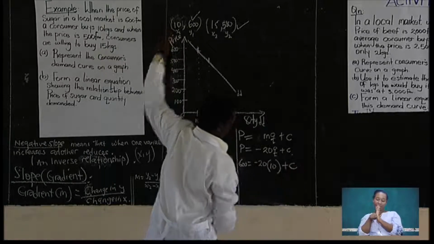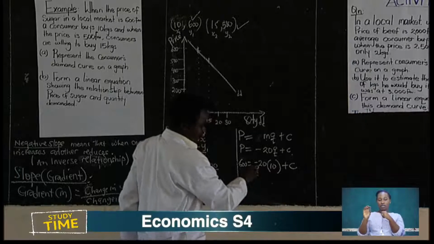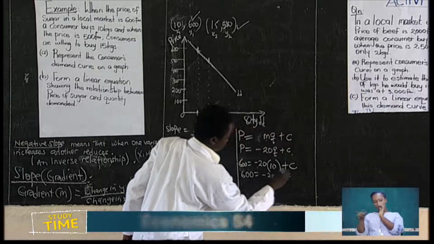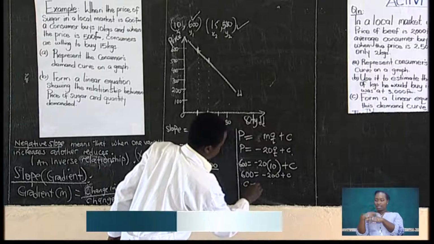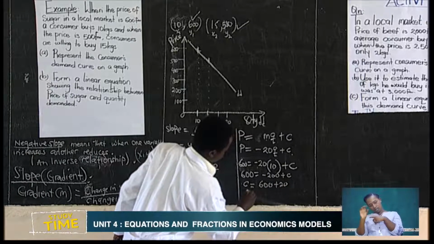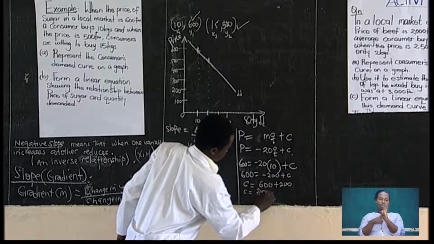Then you add this C. So in this case, 600 is equal to negative 20 times 10, which is negative 200, plus C. So our C, when you collect like terms, will be 600 plus 200, so our C is 800.